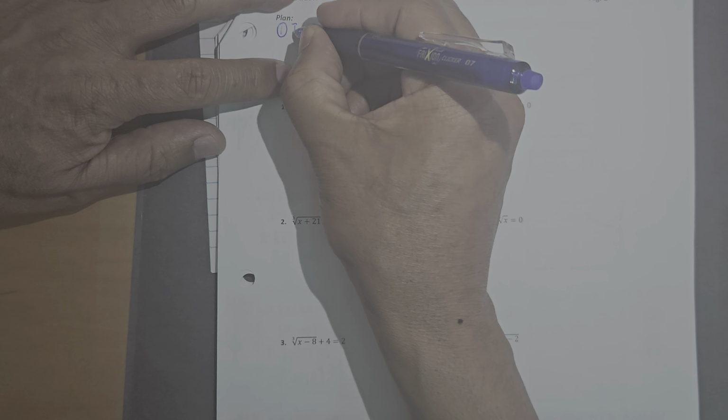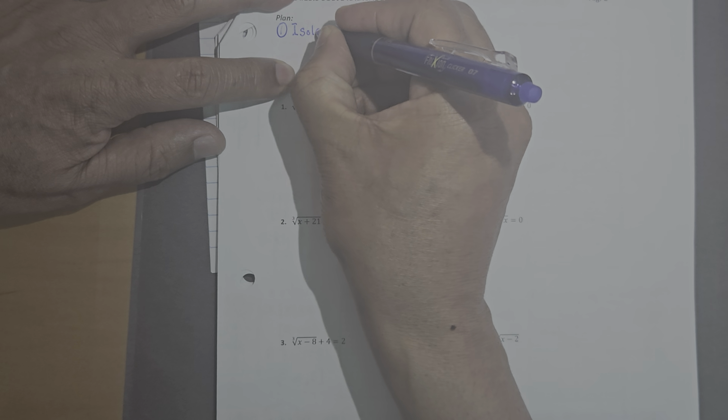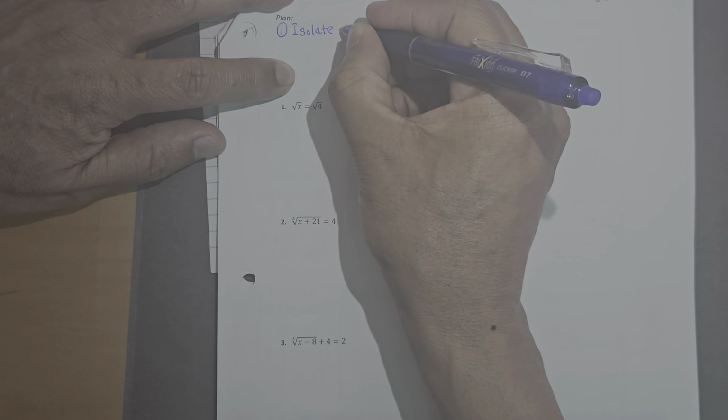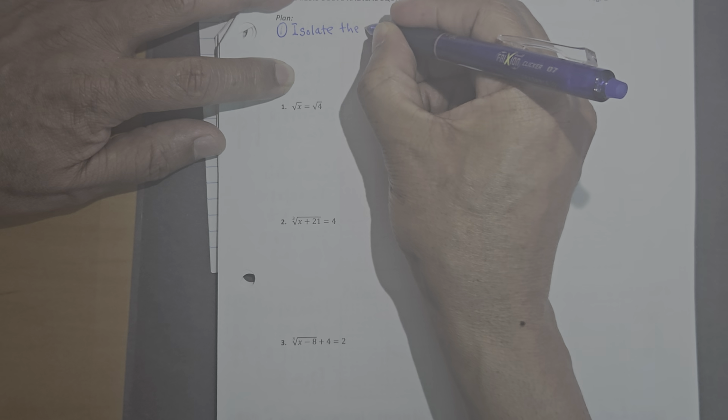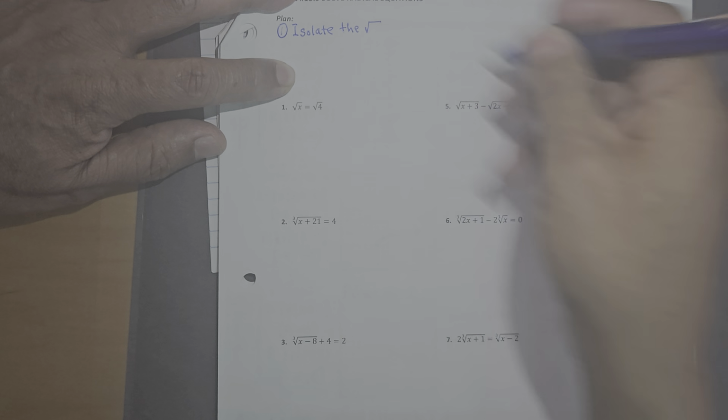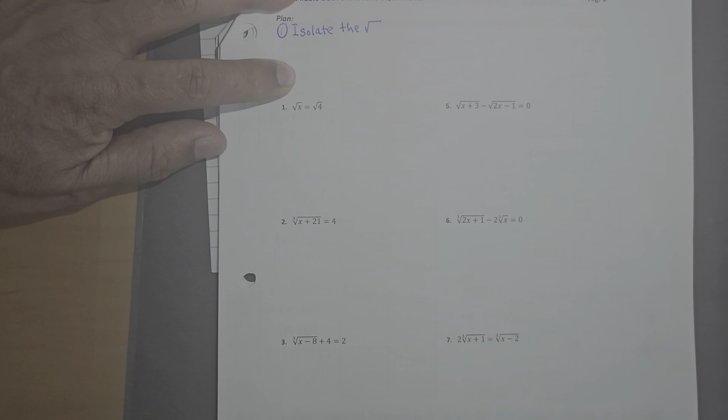So what we do first is we isolate the radical. So this is the symbol for radical. Okay, so you'll have 2 cases today.